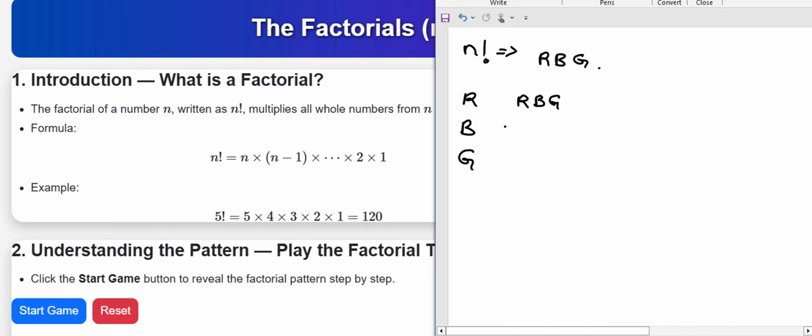In the second one, I already have the blue one, so the remaining ones are just the red and the green. I can put them here, red and green. Then in the third one, I already have green, so the remaining ones are the red and blue.